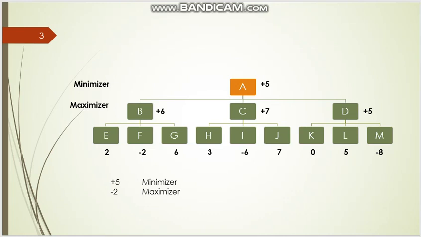If we choose only the minimizer, then in this particular game only plus 5 is coming, that is the highest value is coming. So in this case the alpha is plus 5 and the beta is minus 2.